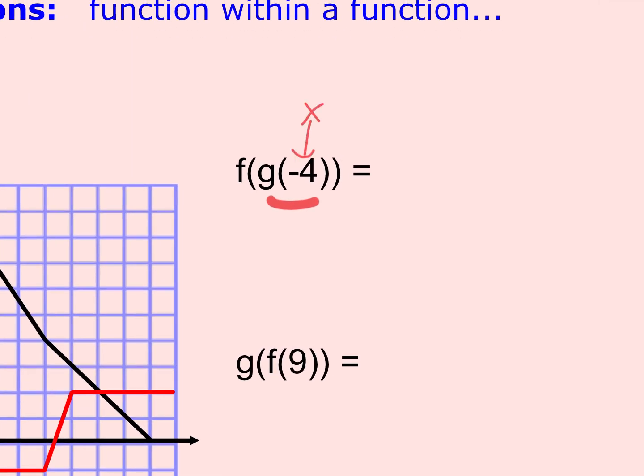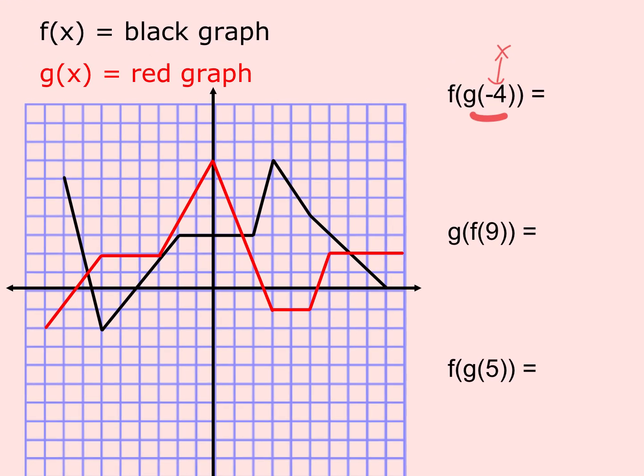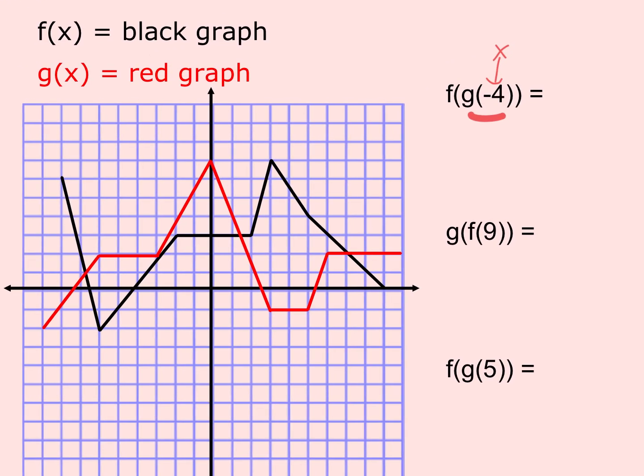They're telling you that the x value is -4. Somewhere on the red graph, x is -4. There's only one place on the whole red graph where x is -4. Try to find it. Where is the one place on G, which is the red graph, where x is -4?